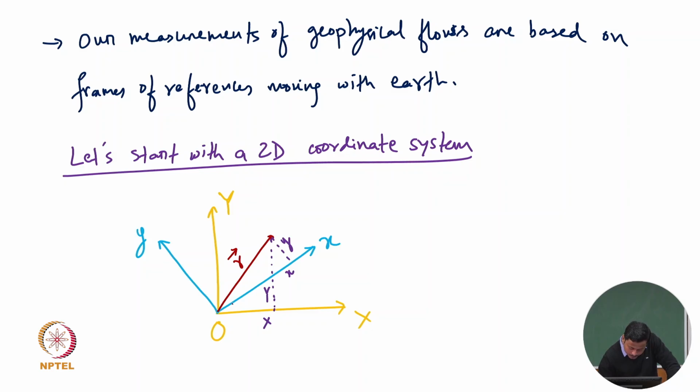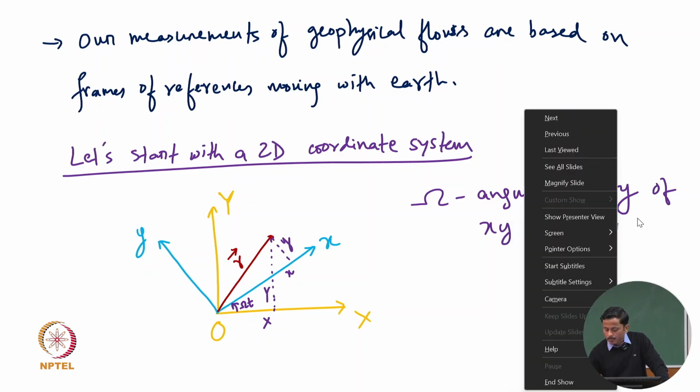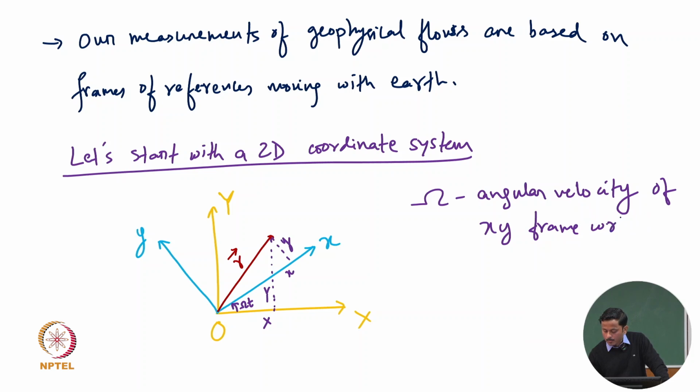And this frame is rotating at an angular velocity omega. So omega is the angular velocity of the small xy frame with respect to capital XY.